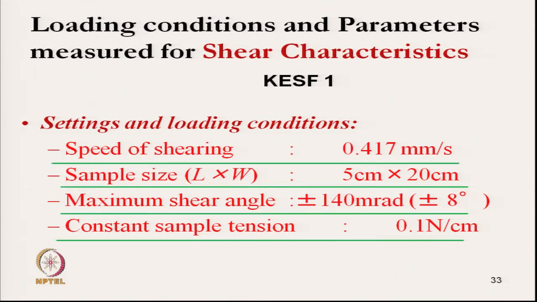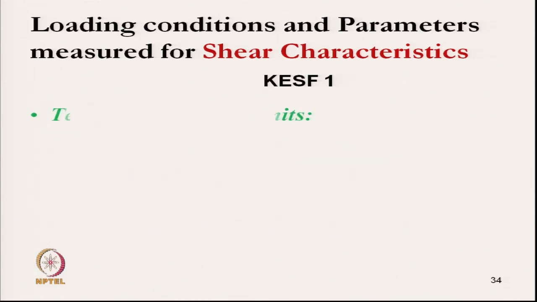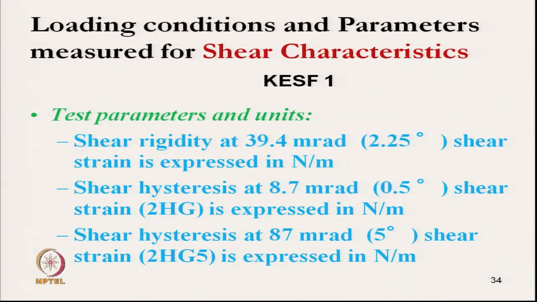The parameters measured are shear rigidity at 2.25 degree shear strain, expressed in Newton per meter, which is nothing but 39.4 milliradian.